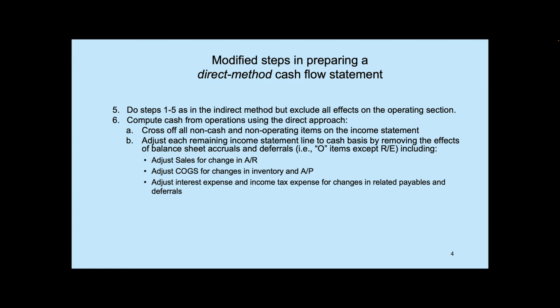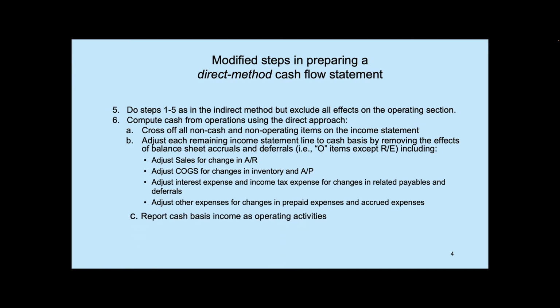In fact, we're going to do all of the specific accounts that have specific balance sheet like items like interest payable or income tax payable or deferred taxes payable or deferred tax assets. We're going to adjust other expenses for changes in prepaid expenses and accrued expenses. And then we're going to report that cash basis income is going to be our operating activity section.